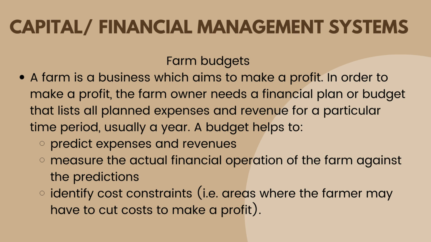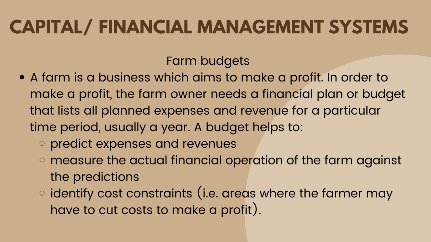Guys, once you get into farming, this should not be treated as a hobby. If you're serious about farming, then you must know that it's a business, right? That's why we are talking about farm budgets. A farm is a business, and it aims to make profit. So, in order to make profit, the farmer needs a financial plan or a budget that lists all planned expenses and revenue for a particular period of time.